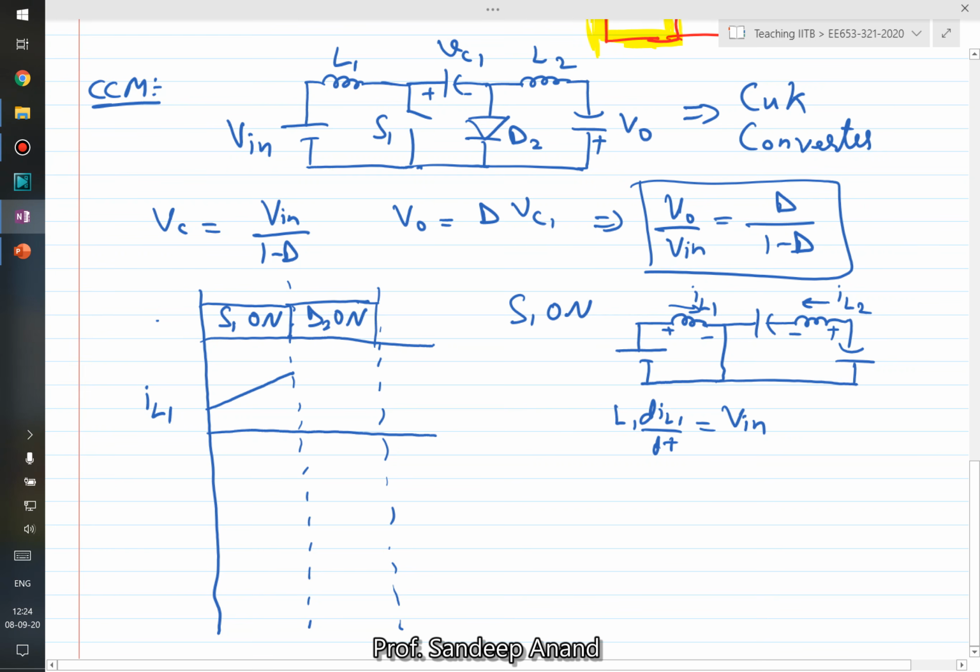What about VL2? You can again write Kirchhoff's voltage law in the other loop. VO minus VC1 plus L2 dIL2 by dt is equal to 0. I can rewrite this as L2 dIL2 by dt is equal to VC1 minus VO, right?